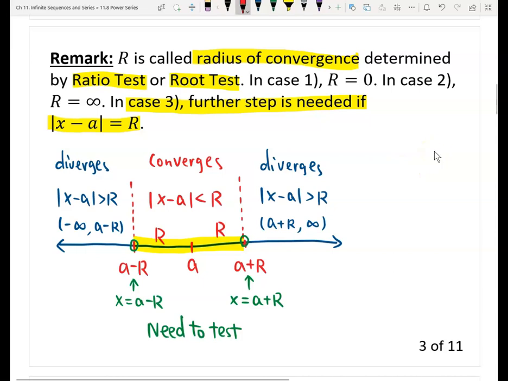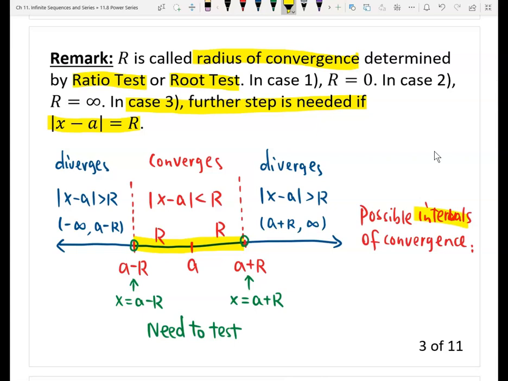All the possible intervals, we have a name called the interval of convergence. Because for these endpoints we have different cases, sometimes they converge, sometimes they diverge. Therefore, how many intervals of convergence are there?